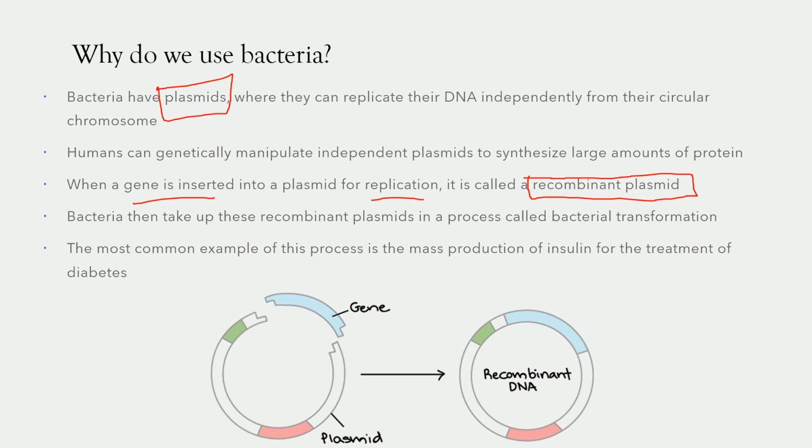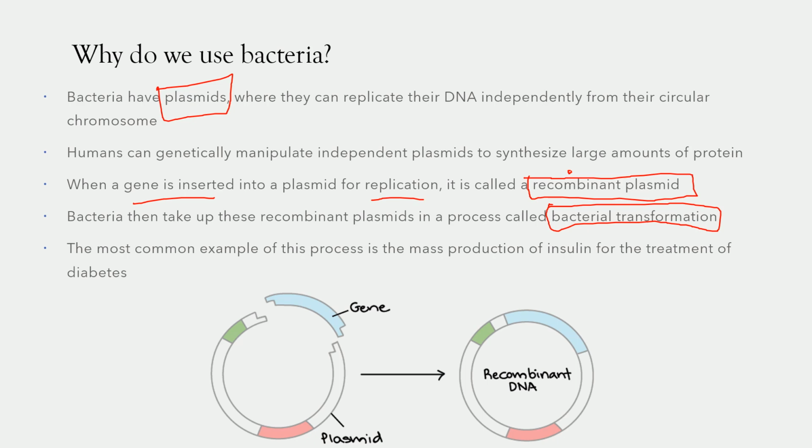When the bacteria take up this recombinant plasmid, we do this outside of the bacteria and then we pop it back into the bacteria, and this is called bacterial transformation. Once the gene has been inserted into the plasmid, we insert it back into the bacteria, and these bacteria are said to be transformed. So that's where the other name comes from. And of course, the most common example, like I said, is the mass production of insulin protein to treat diabetes. That is how we are currently making insulin protein today.